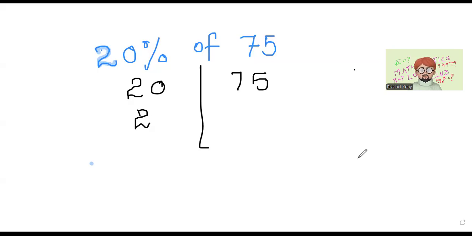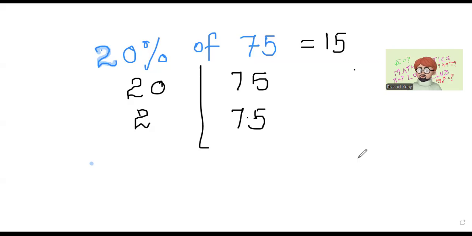Haven't you divided 20 by 10 to make it 2? So obviously, what will you do on the other side? You will divide 75 by 10 and that will become 7.5. And now multiply 7.5 with 2 and that is 15. And hence 20% of 75 is 15.